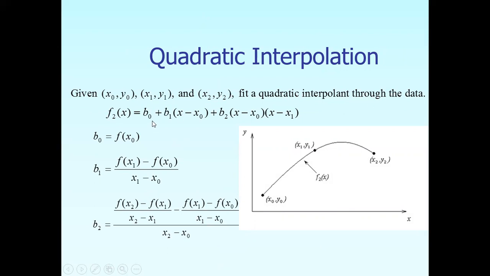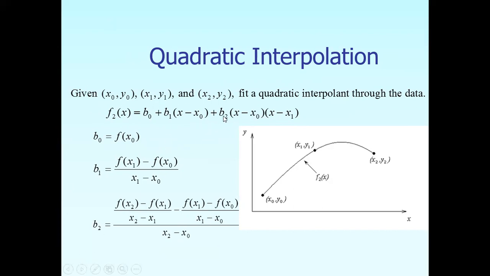The equation is f2 of x is equal to b0 plus b1 into x minus x0 plus b2 into x minus x0 into x minus x1. b0 is equal to f of x0. Then b1 is f of x1 minus f of x0 divided by x1 minus x0. Only take these terms first.